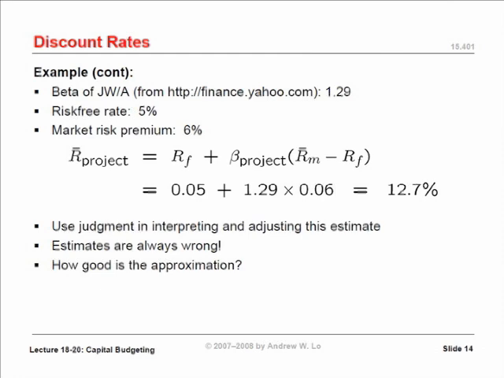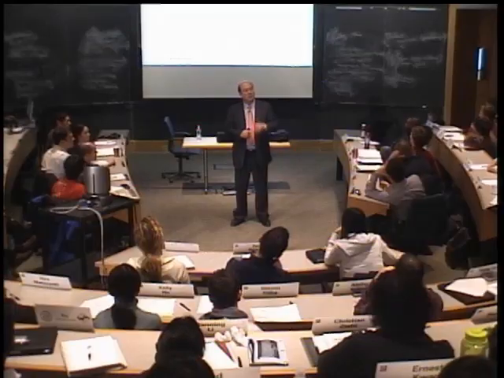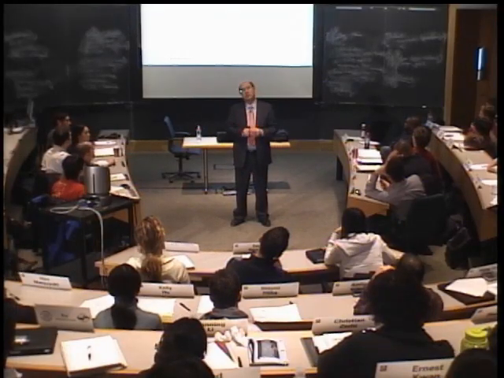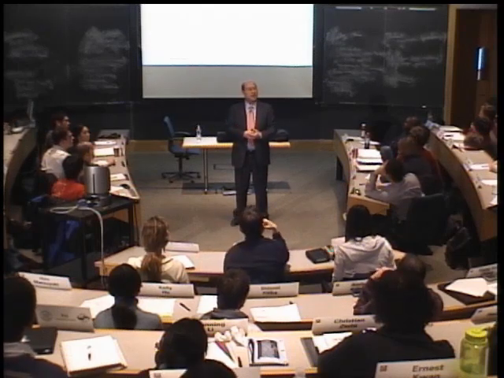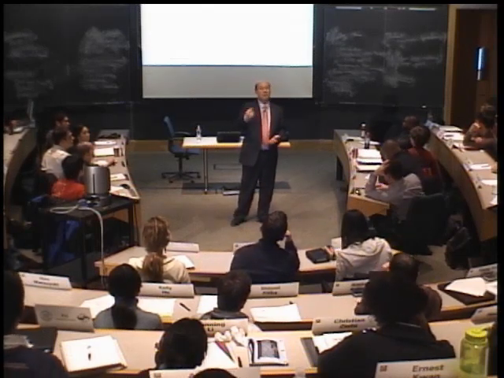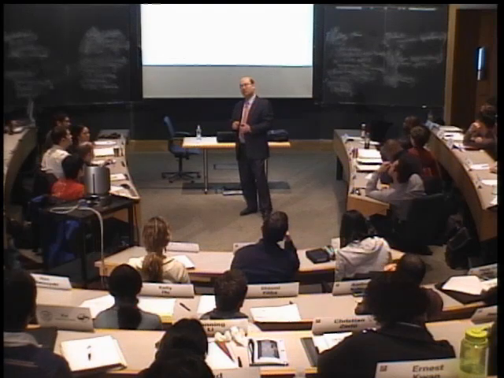So that's actually a pretty reasonable cost of capital, which says that that's the number you use in figuring out whether or not the cash flows from a publishing business make sense, okay?